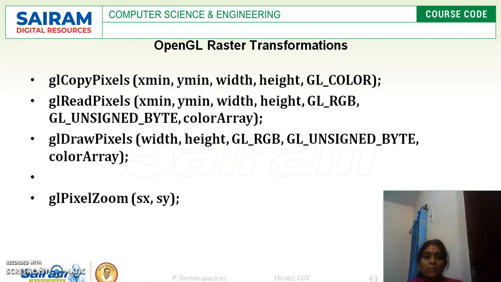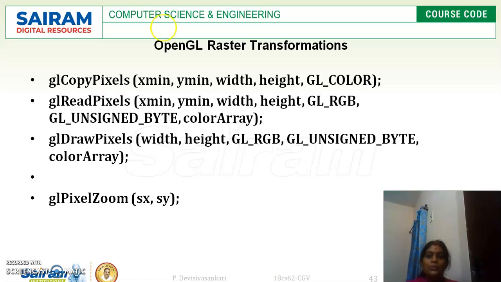And now we are going to see some OpenGL raster transformation functions. The very first function is glCopyPixels. The glCopyPixels is used to adjust the screen, with xmin, ymin, width, height as well as the color. Okay, and if you want to translate an object, then we will be using this glCopyPixels, right? And the next one is glReadPixels. The read pixels function is used to read particular raster characters.